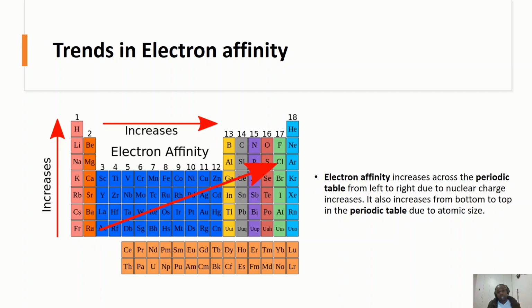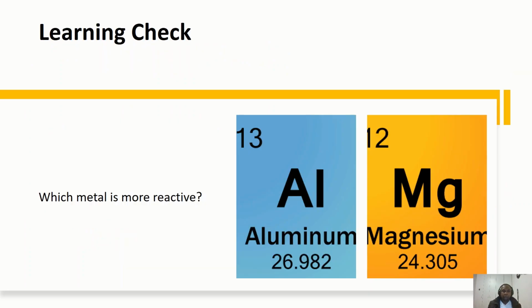But as you go from bottom to top, the shells are reducing, and the proton inside will have a better chance to attract electrons to itself. And the more electrons they attract, the more energy they're going to have, which is the electron affinity.